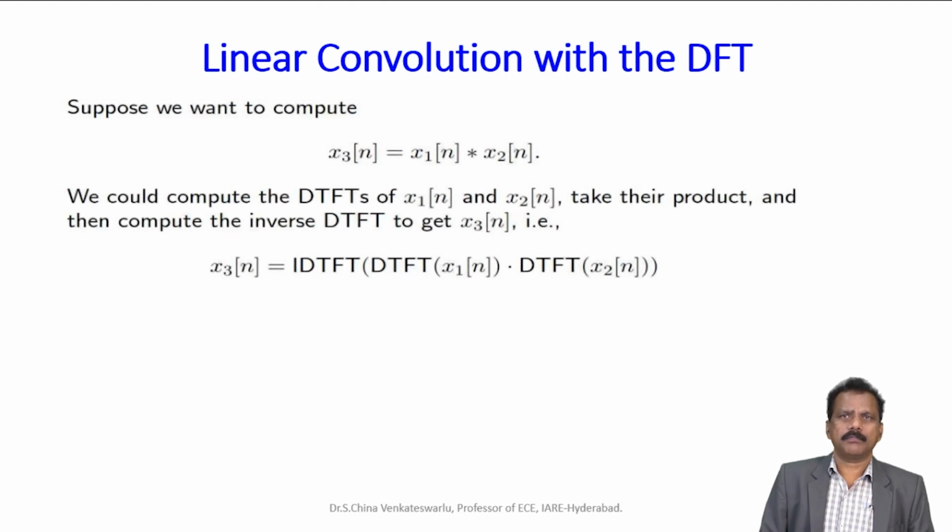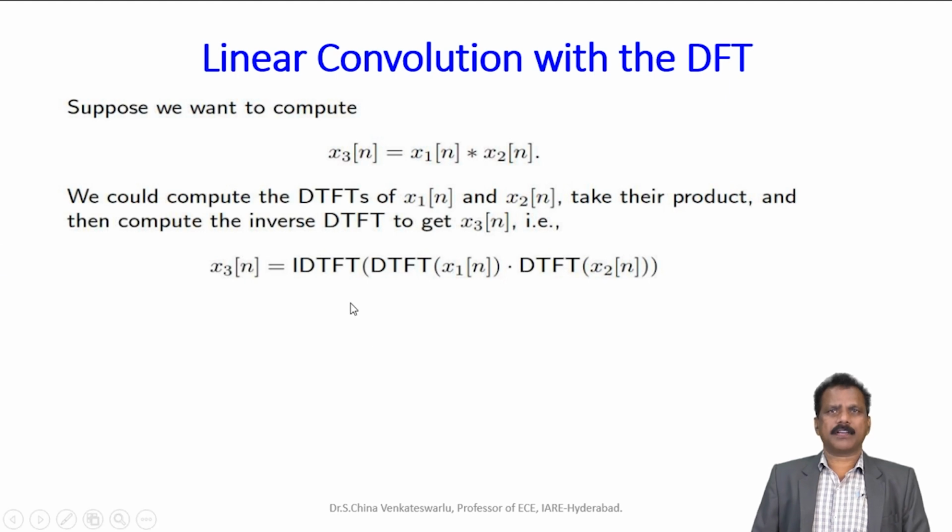Now the linear convolution with the DFT, the discrete Fourier transform. Suppose we want to compute x3 of n equal to x1 of n convolved with x2 of n. You would compute the discrete Fourier transform of x1 of n and x2 of n, take their product, and then compute the inverse discrete Fourier transform to get x3 of n.